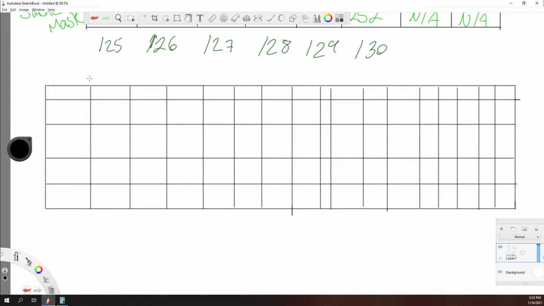So when we look at the top portion, as I said before, it's going to be our binary. So we have 1, 2, 4, 8, 16, 32, 64, 128.